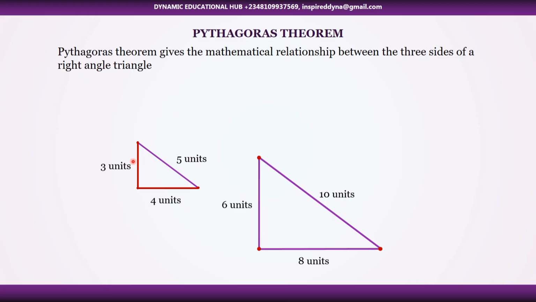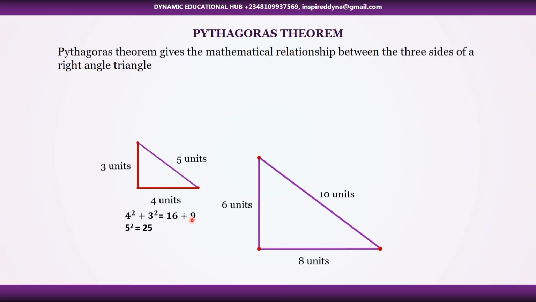And let's start with this small triangle. Let's find the square of this side plus the square of this side. So 4 square is 16, 3 square is 9. So 16 plus 9. And let's find the square of this third side here, which is 5 square, which is 25. Wow. What is the addition of 16 plus 9?